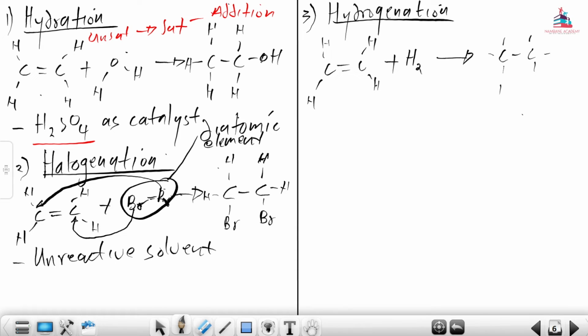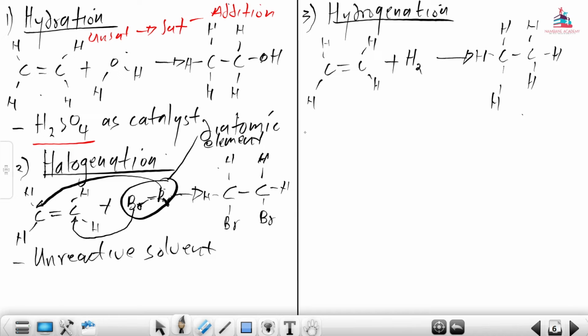So what did we add? We added hydrogen, hydrogen, hydrogen, hydrogen, hydrogen, and another hydrogen. Is there a reaction condition that we need?